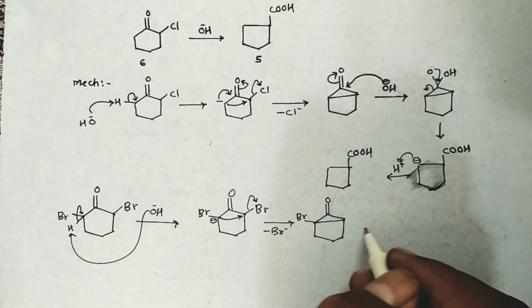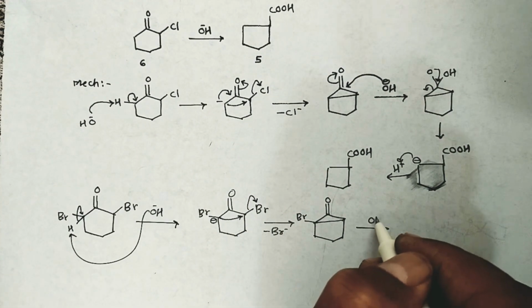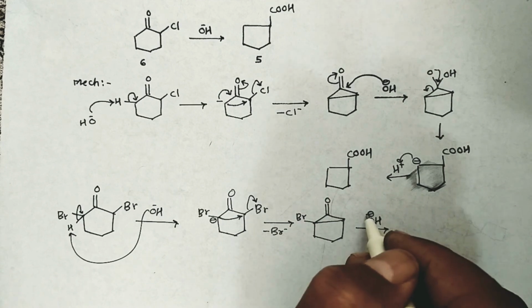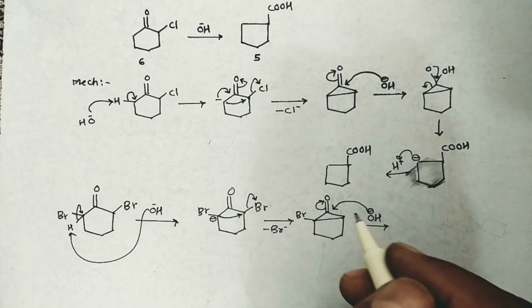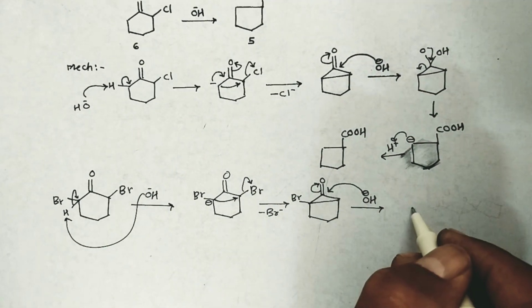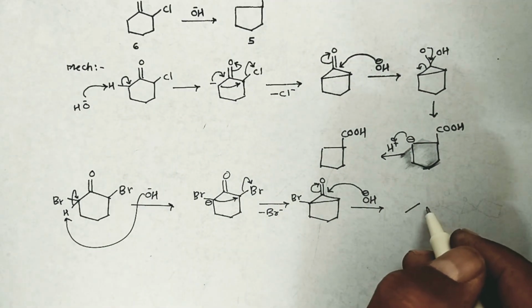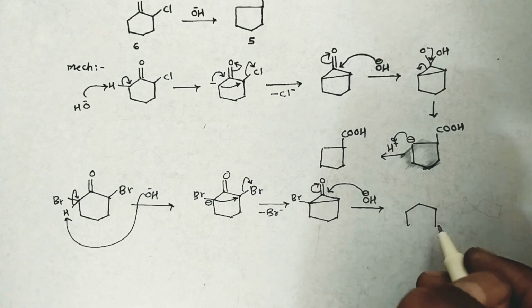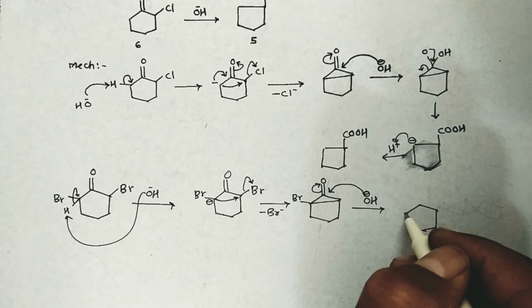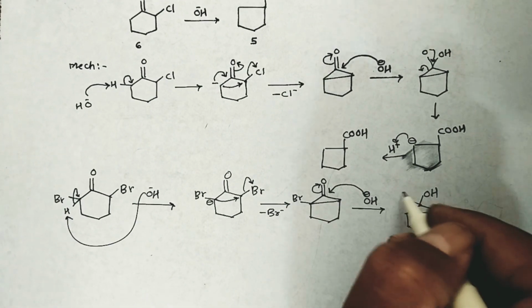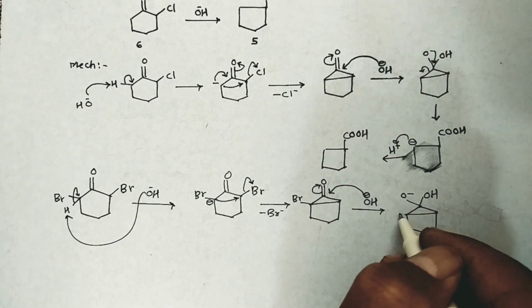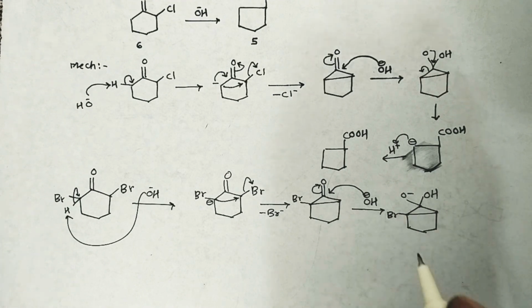Now again in basic medium, what happens? This base attacks on this carbonyl group and this double bond breaks, so that this type of structure forms. Now again what happens?